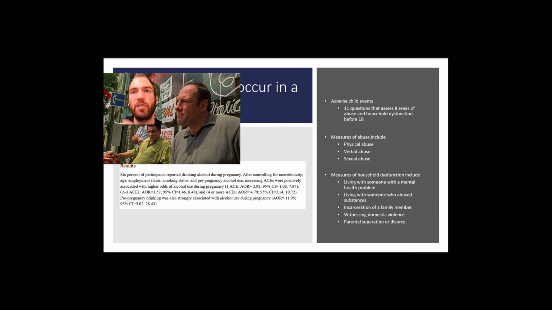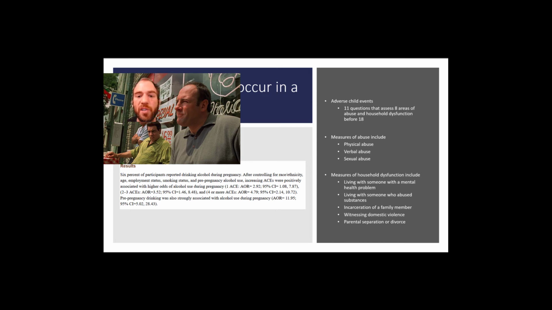So we should look at the collection of the stressors, the entirety of the stressors. And how do they do that? By asking a set of, in this case, 11 questions. They ask you, or a parent, were you physically abused? Were you verbally abused, sexually abused? Then they add up each one of those 11 questions, give you a cumulative score, and then look for associations of that cumulative score with certain developmental outcomes.